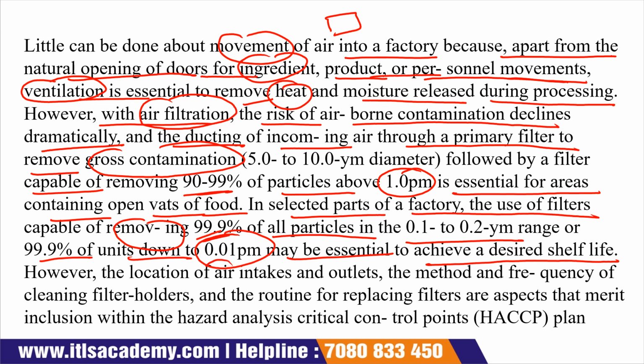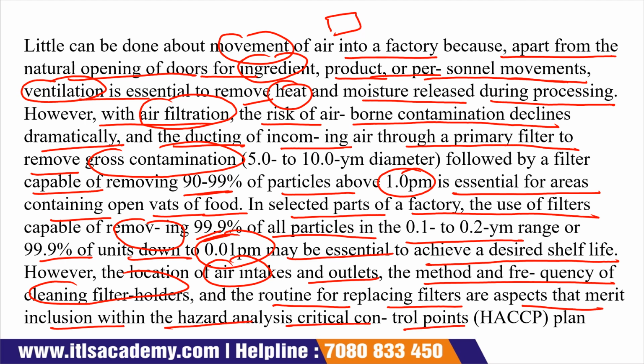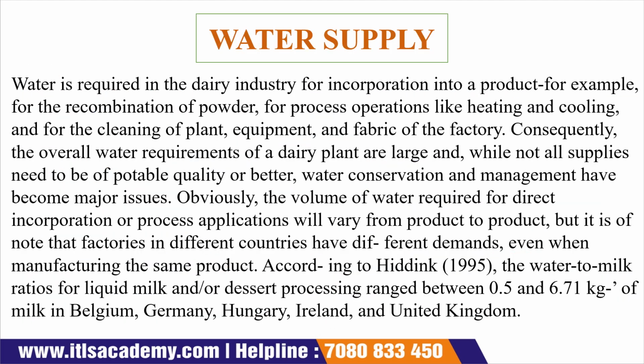However, the location of the air intake and outlet, the frequency of cleaning the filter holders, and the routine for replacing the filter are very much worth inclusion within the Hazard Analysis Critical Control Point plan. Now the next is your water supply.